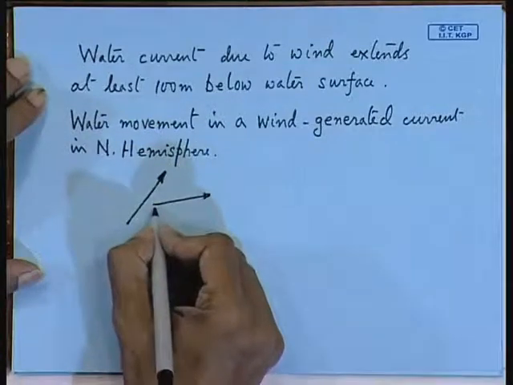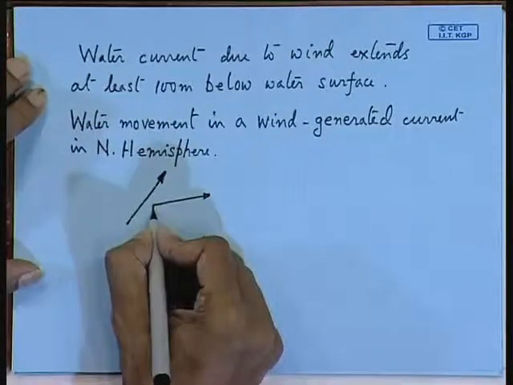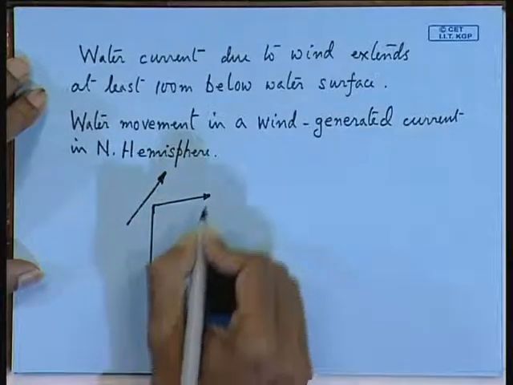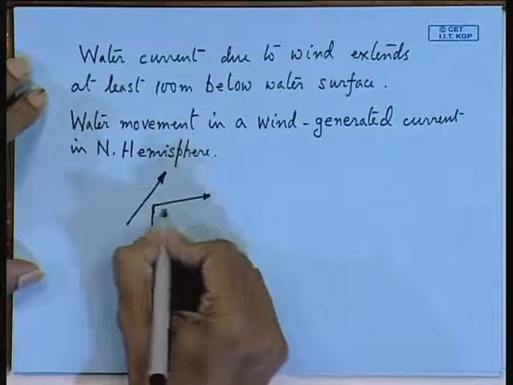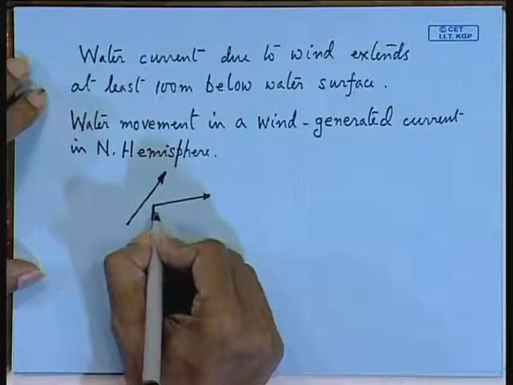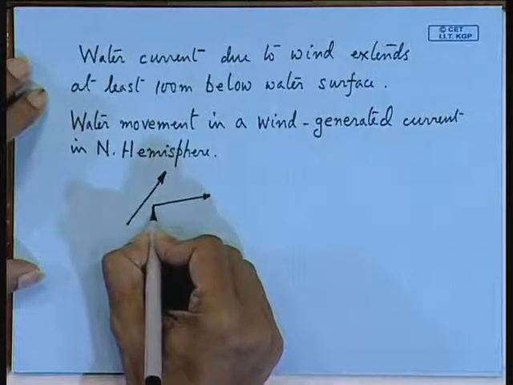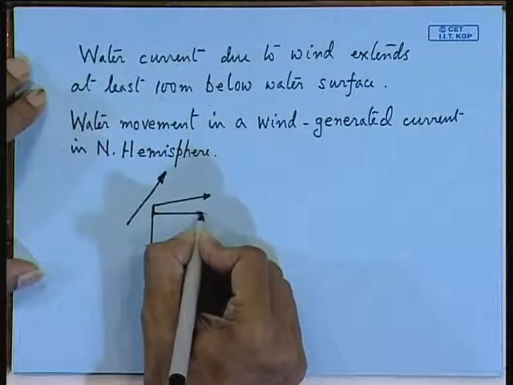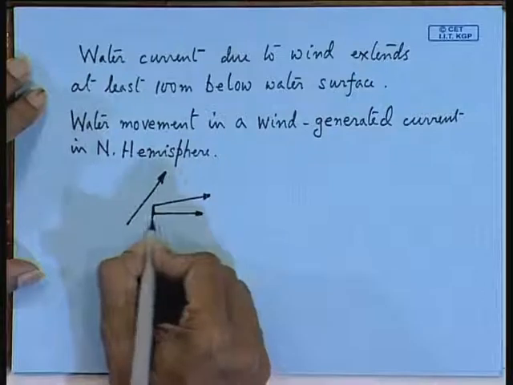Now, if you go deeper down into the water, what will happen to this current? That is, the current vector will gradually decrease. Now, the vectors will get reduced in length, but also it will change the direction. You can see like this.